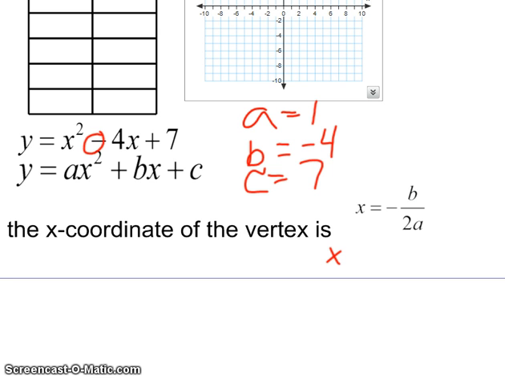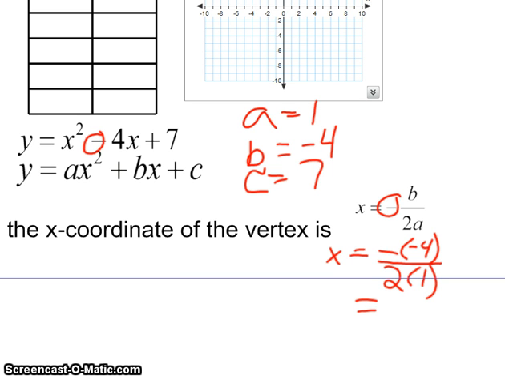So we've got x equals, now this negative is coming down. And then we're plugging in b. So b is negative 4. So I have the negative and the negative. One negative from the formula, one negative from the value of the number. Over 2 times a.